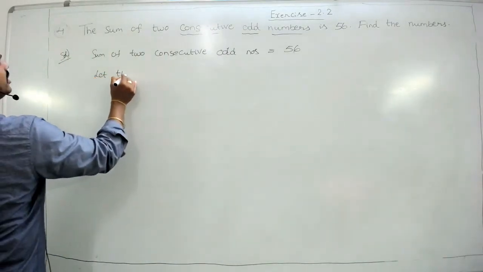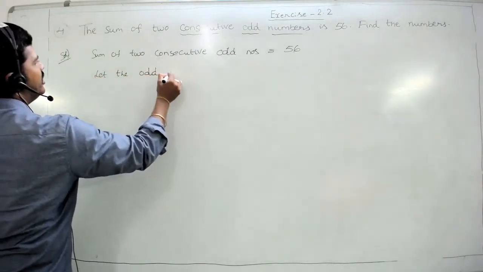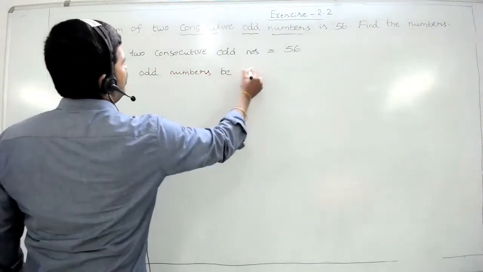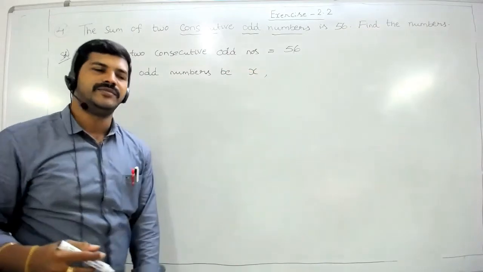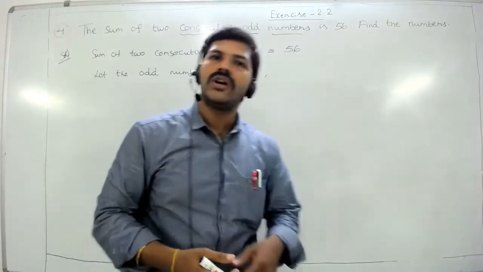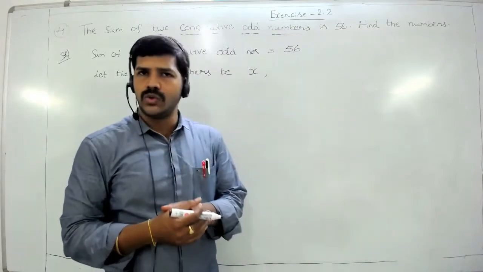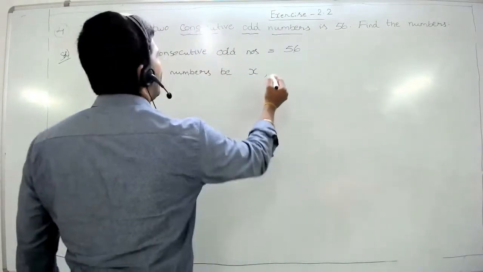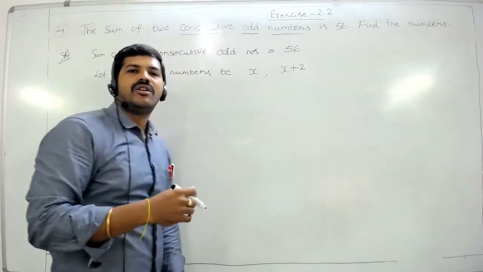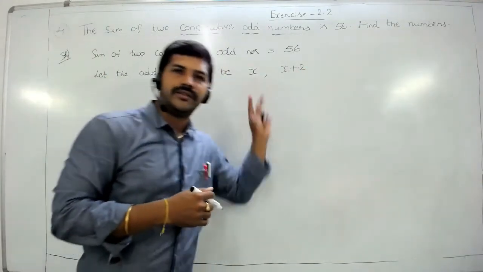Let the odd numbers be, first one I am taking as x. Just now we discussed, if you know the first odd number, what is the next consecutive odd number? How much to be added? 2. Very good. Now I am adding 2, therefore I will get the next odd number which is consecutive.